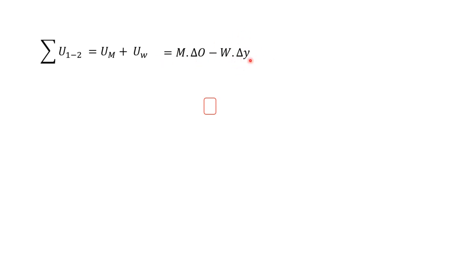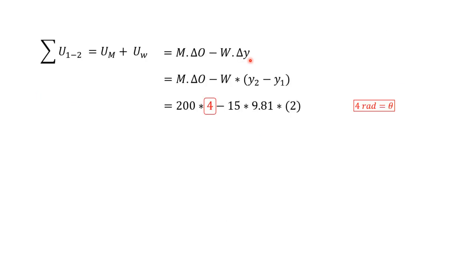For the weight, it is given. Delta y is 2 meters going upward, so the value is going to be negative again. Delta theta should be found, and 200 for the moment.